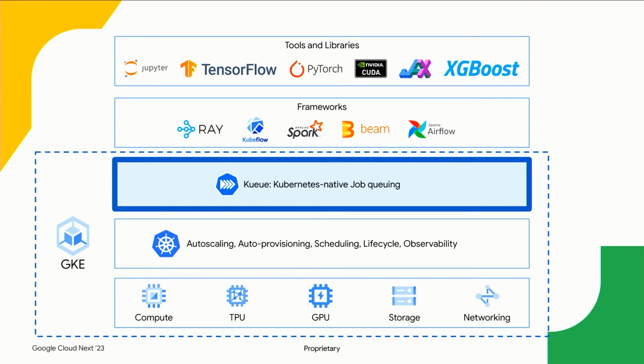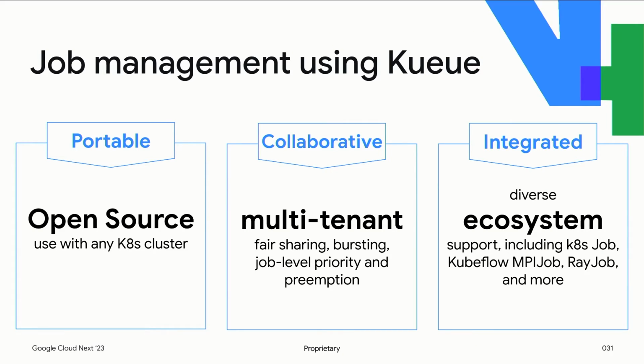When training ML models, you need the entire job to get done, with all pods working together as a unit, and with many different teams sharing access to limited compute resources. So to make this easier, we've invested in Kueue, an open source, Kubernetes-native job queuing system.